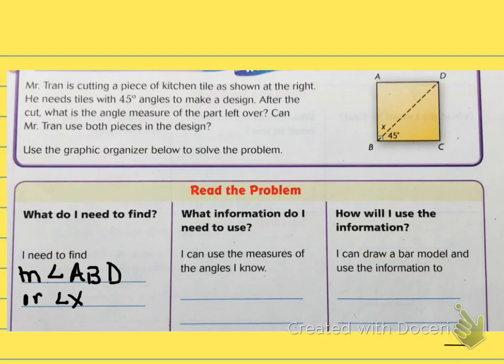Now, what information do I need to use? Well, I can use the measurements of the angles that I know. So what angles do I know? You're correct. I can use the measurement of angle ABC, which I know is what?